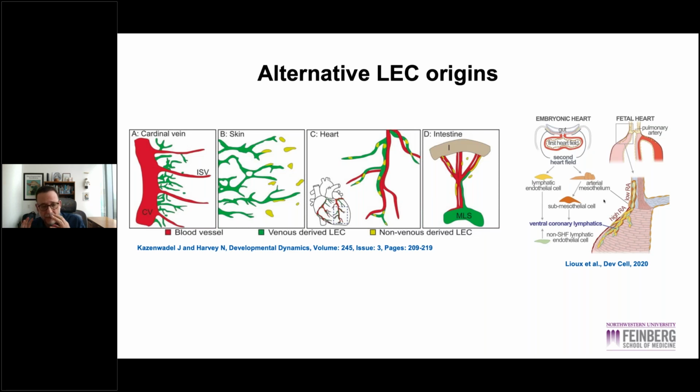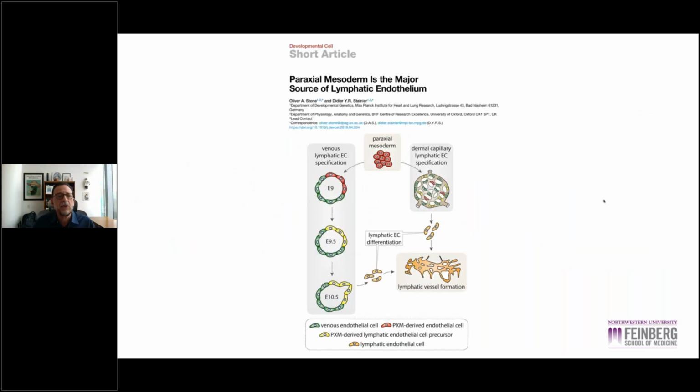And that is very conclusive at the functional level: when they deleted PROX1 using a second heart field Cre line, basically there are no ventral lymphatics. So all what I'm saying, and for the intestine, again, as it is a tissue that is constantly regenerated, maybe there are other sources.